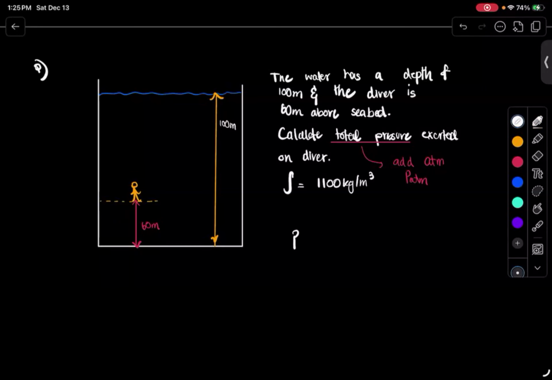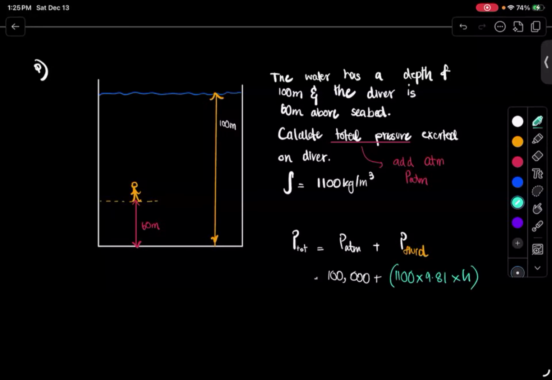Total pressure is equal to atmospheric pressure plus the pressure due to the fluid. Atmospheric pressure is just 100,000. But what is the pressure due to fluid? It's just rho times g times h. Rho is 1100. What is g? 9.81.